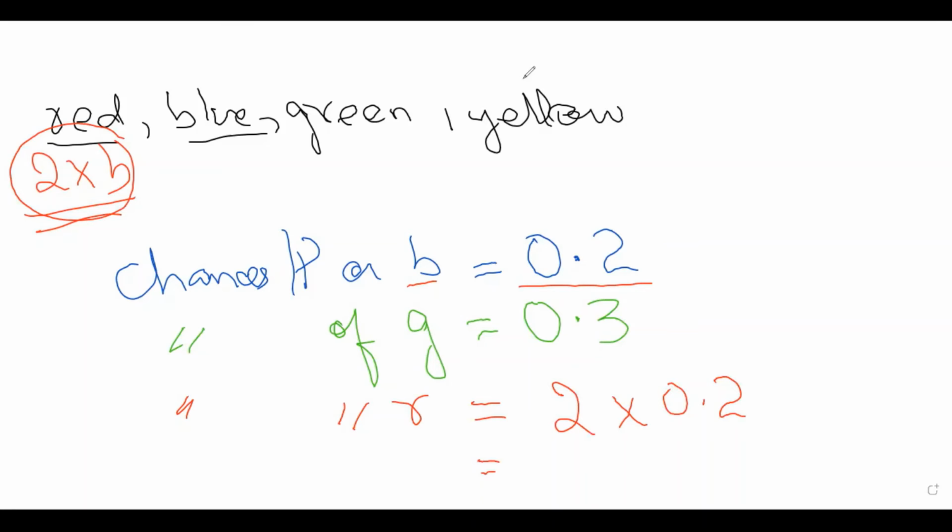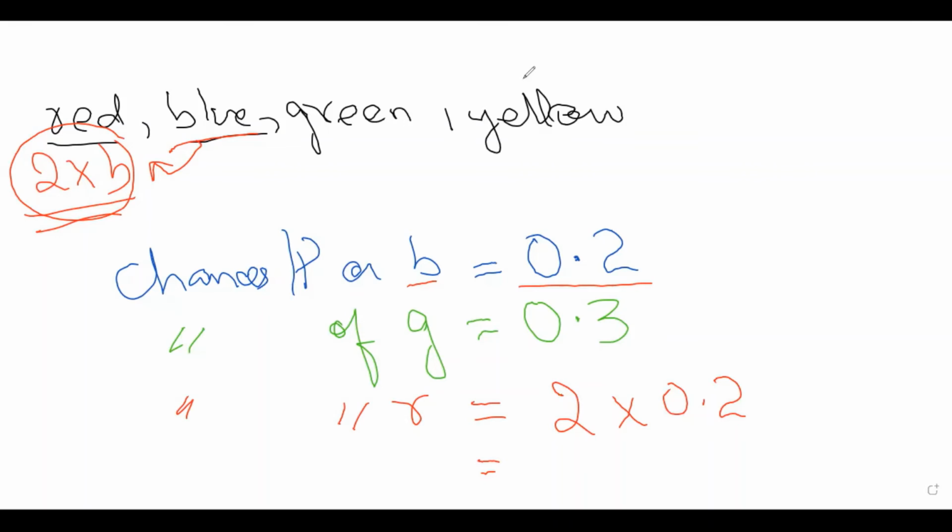Is it clear? Let me explain it again. In the question, it was given that red buttons are twice of blue. So the chances must be twice that of blue, which is 0.4.